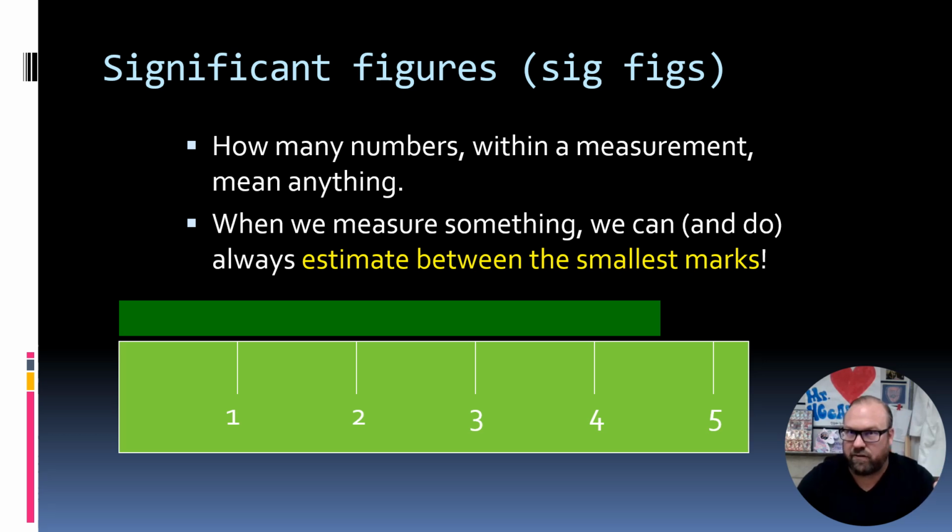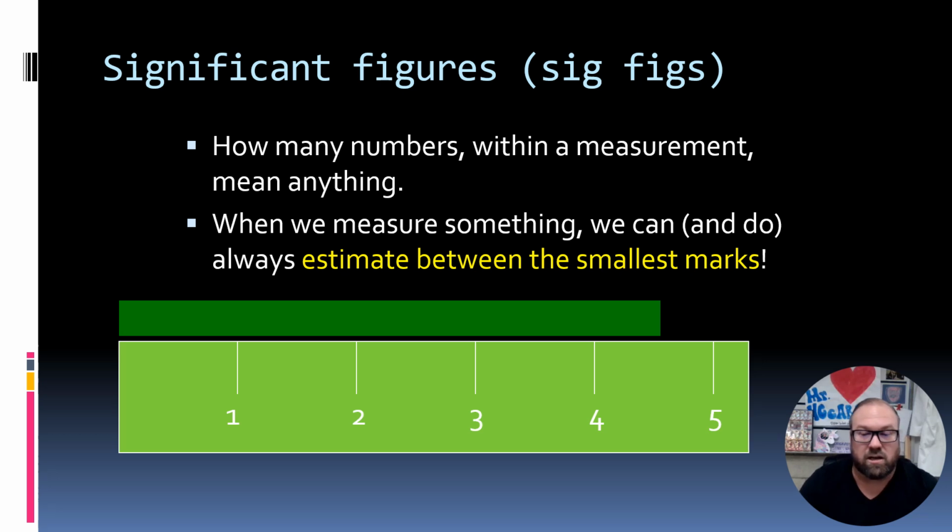Then the other sig fig is what we call the estimated digit, which is where does the line that we're measuring end between? And there might not be a line for us to actually see it stop on, which is okay because we're going to estimate. We're going to look at the distance between the line we absolutely know and the line that it doesn't quite get up to, and we're going to provide what we call the estimated digit.